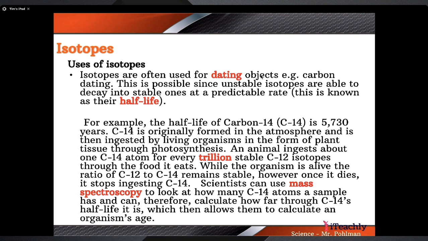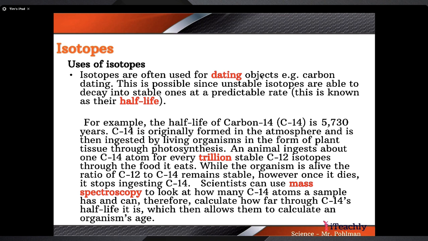You're eating more animals that have consumed the plants that have taken in that radioactive isotope. So there's always a balance. Now, the only time we lose that balance is if you stop eating. If the organism dies, it's not taking in any more carbon-14. Carbon-14 continues to decay.